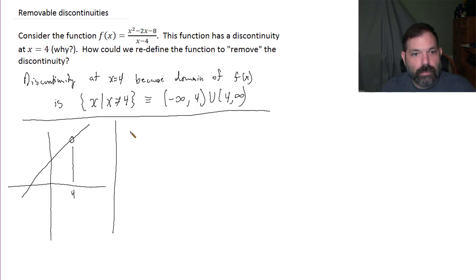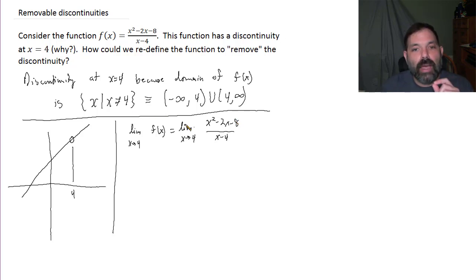If we were to take the limit as x approaches 4 of x squared minus 2x minus 8 over x minus 4, we know that we cannot directly substitute because of the 0 in the denominator. But in fact, if we substituted 4 in the numerator, 4 squared is 16, 2 times 4 is 8, another 8. We have 16 minus 8 minus 8, and we get a 0 in the numerator as well.